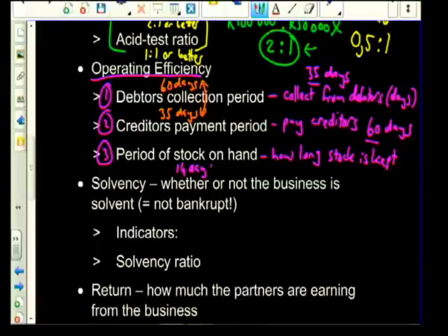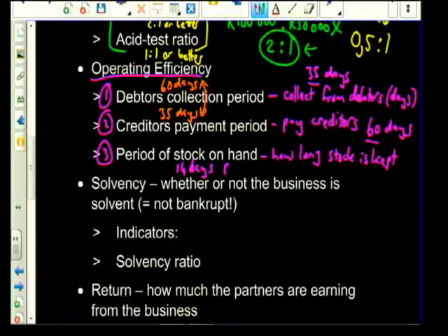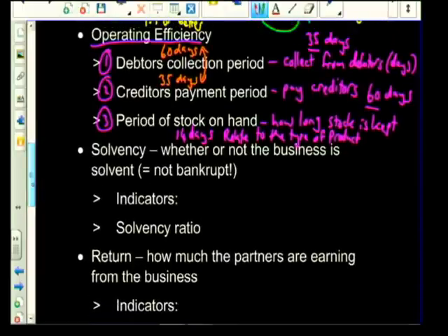I don't want to keep my milk and my bread and my eggs on the shelf for longer than 14 days on average, because they're going to go off. People are not going to want to buy them anymore. So very importantly, you have to relate the period of stock on hand to the type of product. Different products are going to have different good periods of stock on hand. So that is your operating efficiency.